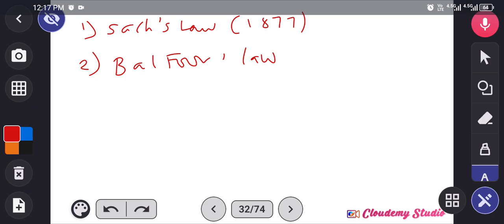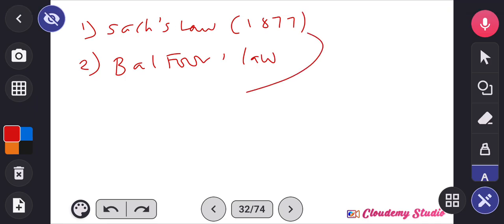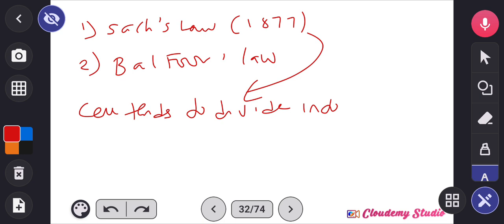So what does it state? Sachs law states that the cell tends to divide into equal daughter cells. You understand? That's the first one.